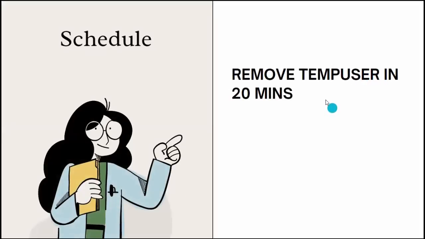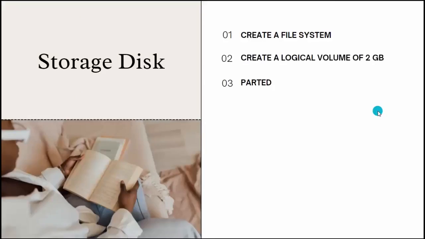And scheduling. If I execute some playbook, the actual change should happen automatically after 20 minutes. How to do that? And if you talk about storage, how to create a file system using Ansible, how to create a logical volume using Ansible, how to create a partition using parted using Ansible.